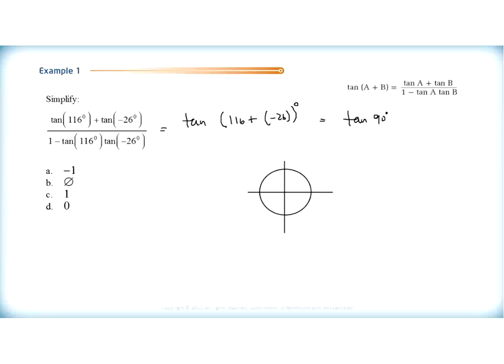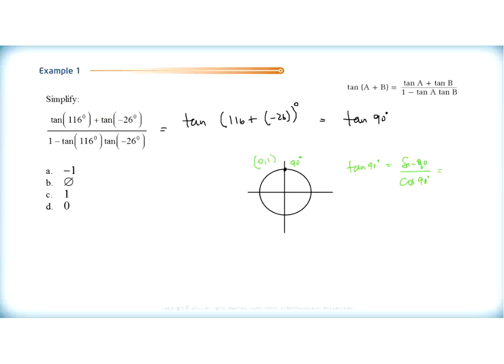The tan of 90 degrees is located here. Of course, the tan of 90 is equal to sine of 90 over the cosine of 90. The coordinates of that point are x is 0, y is 1.